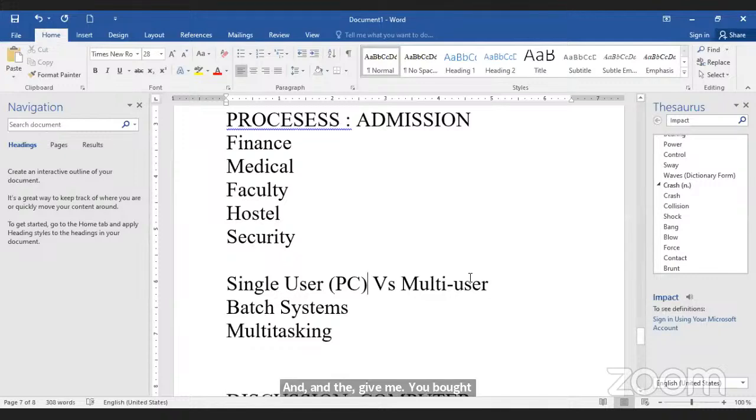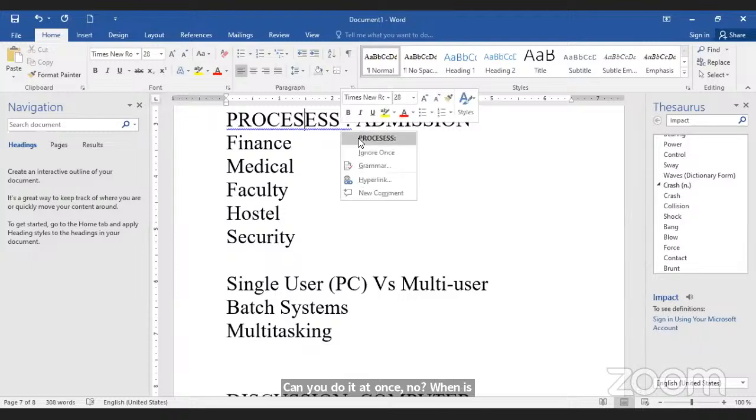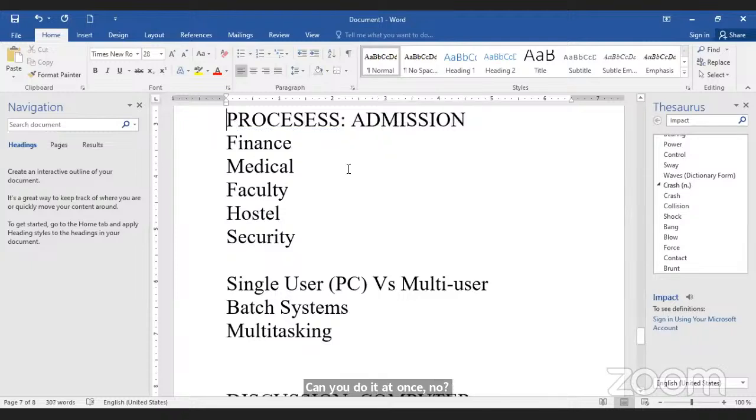Keyboard, can you type two of you at once? Assume you are typing your assignment and your friend also wants to type an assignment. Can you do it at once? No. Your friend will type and finish, then hand over to the other. That's what's called single user.